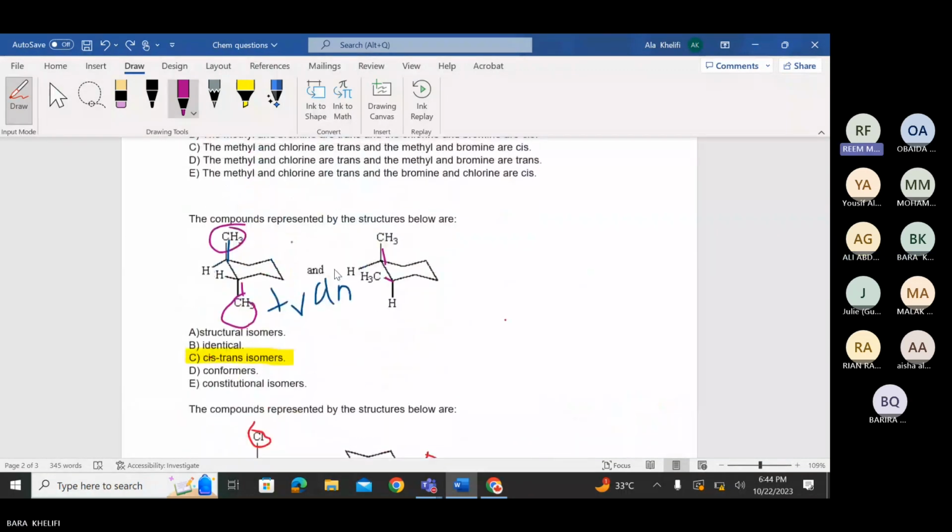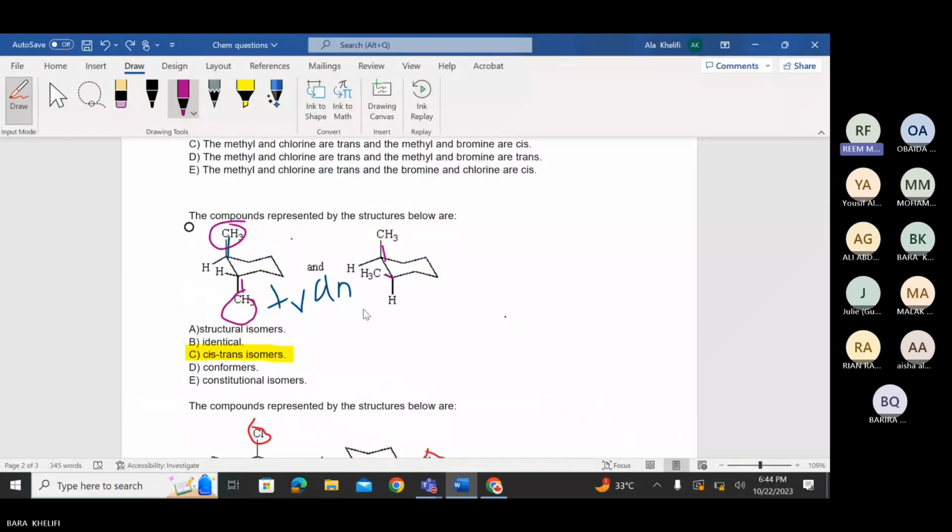Thank you. But for the question here, the second one, the CH3 and the H, they replaced places compared to the first one. So it doesn't matter if they replace places, the bonds. It's just that now this one has become on the other side, so it's now up rather than down. It became up, and that's why we called it cis, because now both of them are up.